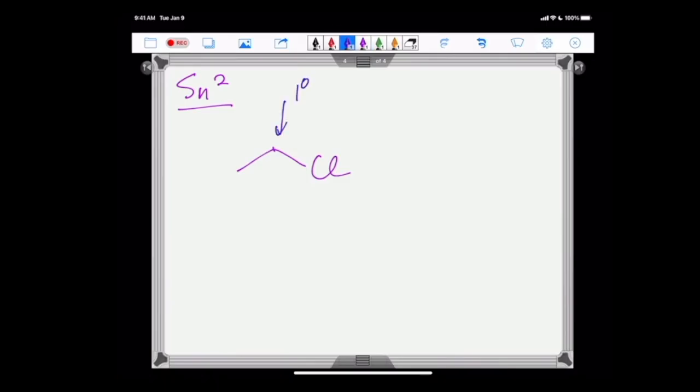It's a primary center. There's no way I'm doing an SN1 on this. But if I really, really, really want, let's say methanol, and I really want to do a substitution reaction between these two, I do not currently have a very good nucleophile, and I have a primary center. But I really want an SN2 reaction to happen.